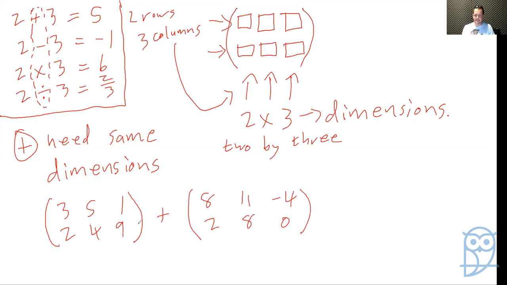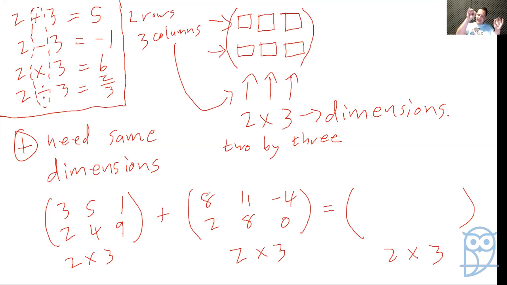These two matrices can add together because this is a 2 by 3 and this is a 2 by 3. If we add them together, surprise, surprise, we're going to end up with a 2 by 3 matrix. And how do we add matrices? We add them element by element.